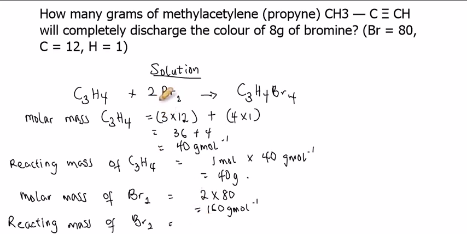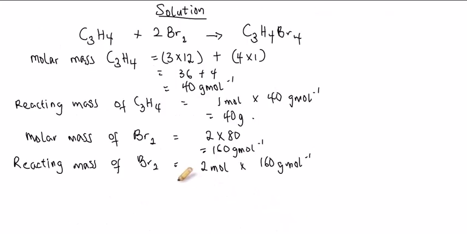We have that to be 2, so 2 moles multiplied by 160 grams per mole, and this gives 320 grams. Now, according to the chemical equation above, 40 grams of propyne will require 320 grams of bromine for complete decolorization.